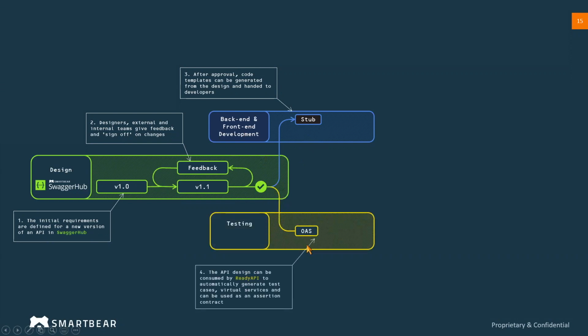Here we can see we could send that OAS to some testing tools that consume an OAS, since OpenAPI specification is one of the more common ones, or the most common one for REST. So a lot of the tools accept it, and our own tool that we talked about, ReadyAPI, can consume that OAS and start building unit tests, contract validations out of the box, and more dynamic virtual services as well.